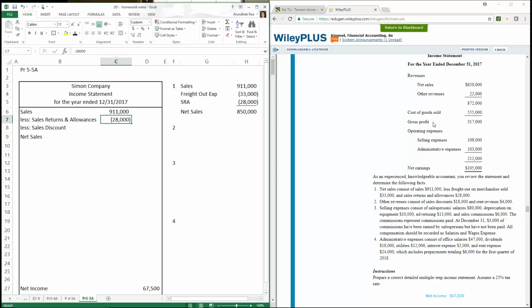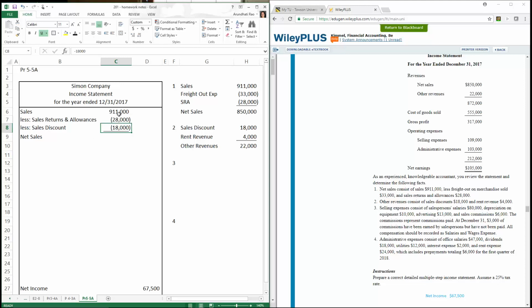So if you look at your other revenues of $22,000, the way that number was calculated is sales discount and rent revenue. Rent revenue is other revenue, which should come at the bottom of the income statement. It should not be up over here. Sales discount, we'll put that number over here.